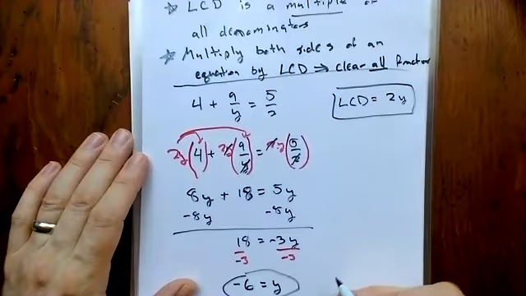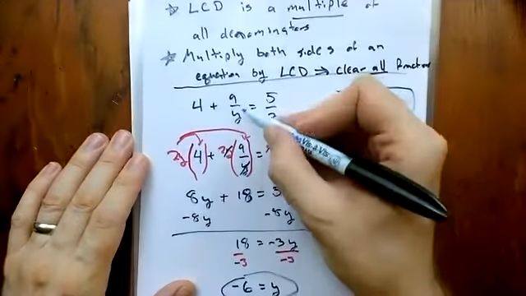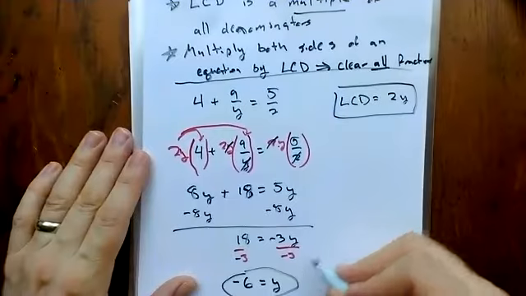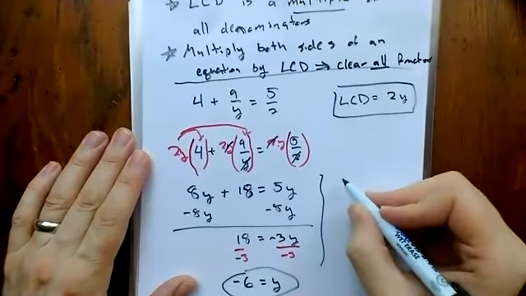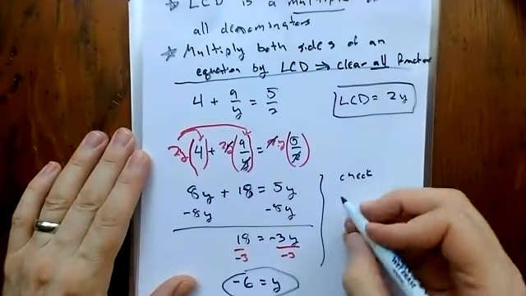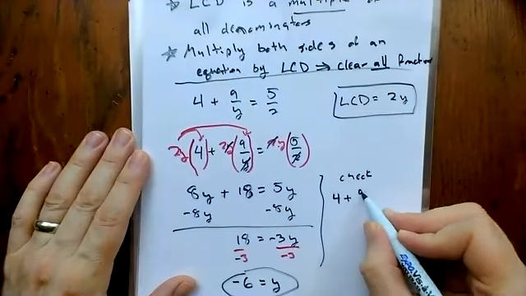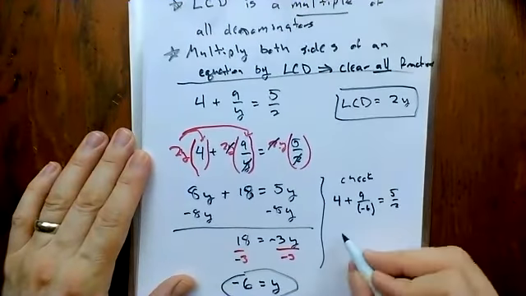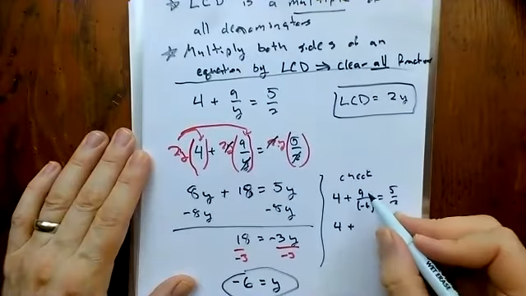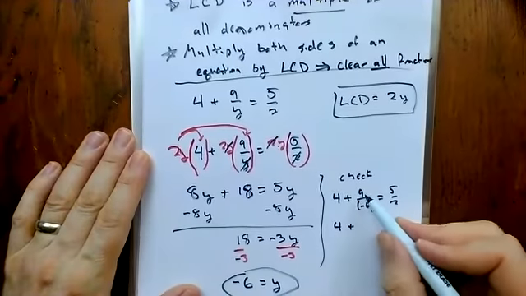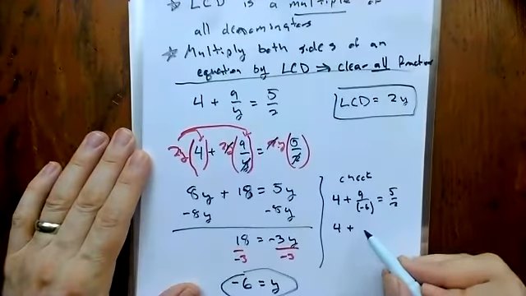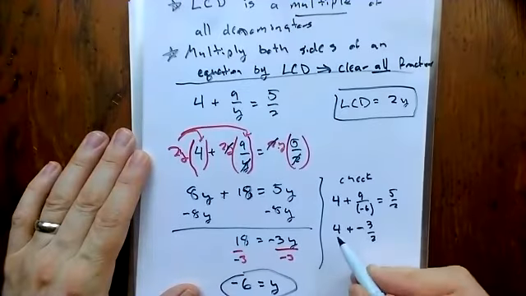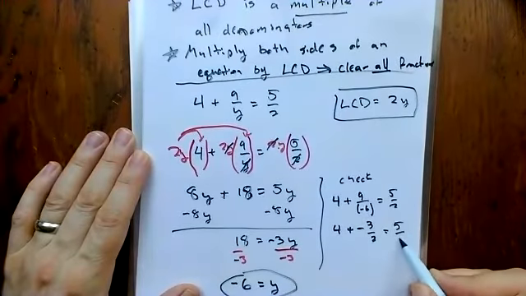And sure enough, that would be a legal value. And if I want to check, I would see, okay, 4 plus 9 over negative 6 is equal to 5 halves. Well, it's going to be 4 plus, I can reduce this fraction here, negative 3 halves, and is equal to 5 halves.